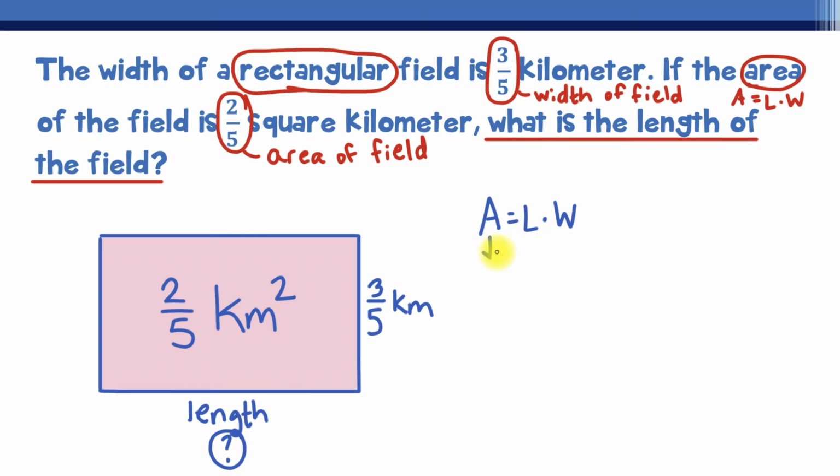So let's plug in the value for area, which is 2/5 of a square kilometer, equals the length, which we don't know, so I'll just keep the letter L there, times the width. And the width is 3/5 of a kilometer. So we'll put that where W goes.